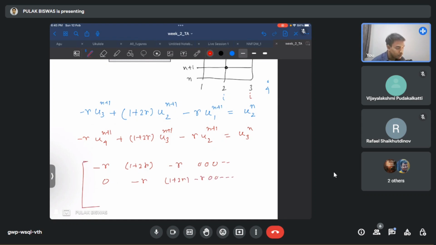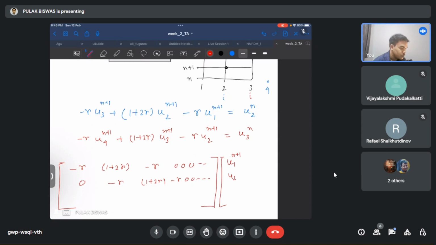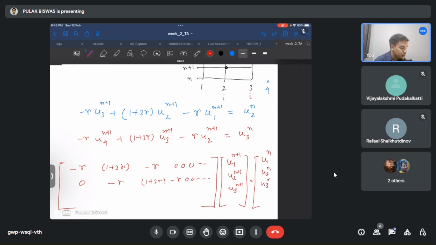This type of matrix will be coming, and here your values will be u2 n plus 1, u3 n plus 1, and here u1 n, u2 n, u3 n, these values will be there.